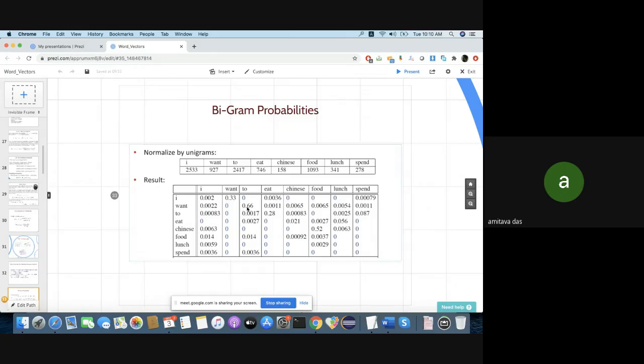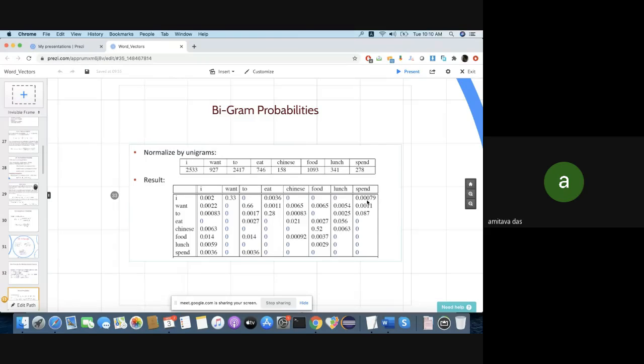And you can see it's very clear here. There are a lot of zeros, which shows that this kind of word sequence never occurs. And there are some high probability numbers like 0.66, and 0.28 is reasonably high here, which says this kind of word sequence is more probable.